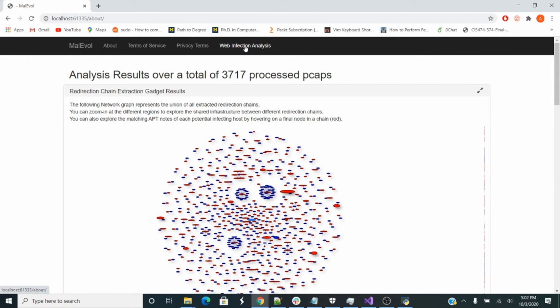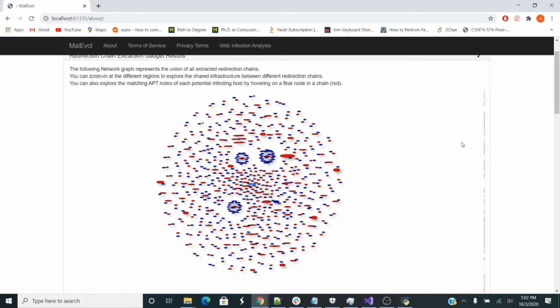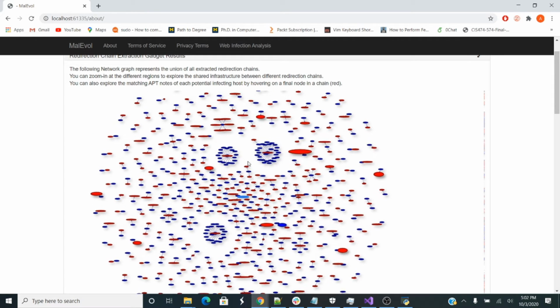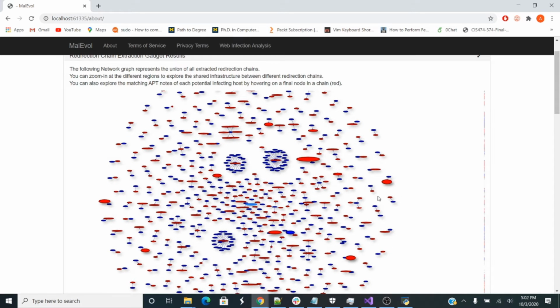By clicking on the web infection menu, we can have overall analysis of several malicious pickup files. So first of all, here we provide a graph of the union of all redirection chains extracted from these malicious files.